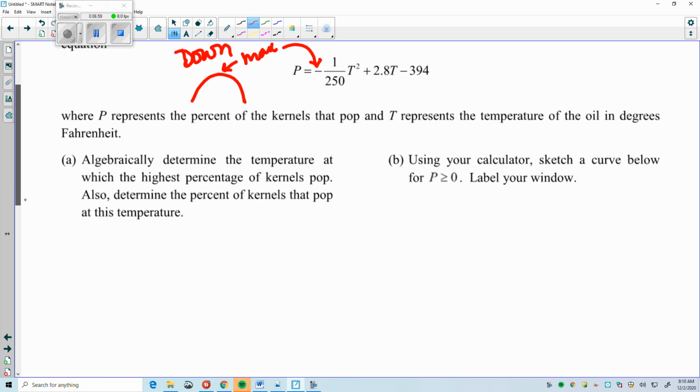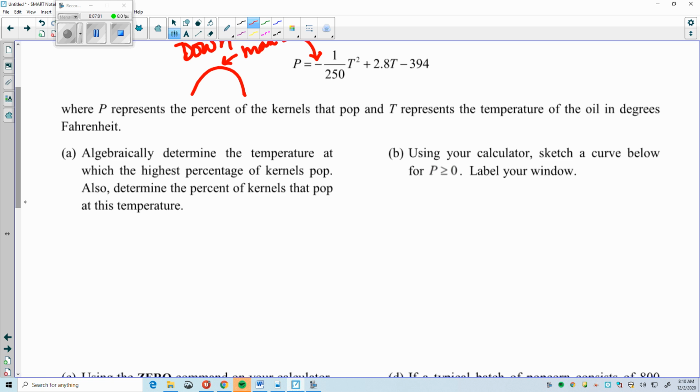Okay, so keeping that in mind, I'm trying to find your turning point, which again has that formula negative B over 2A. So our B value is 2.8, so I have a negative 2.8 over 2A, and our A value is a negative 1 over 250.